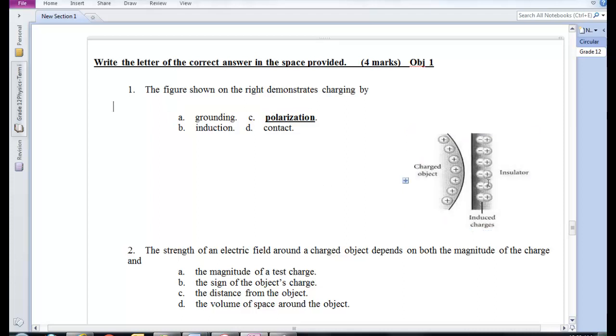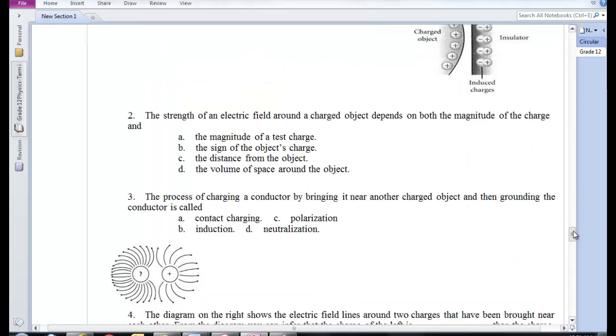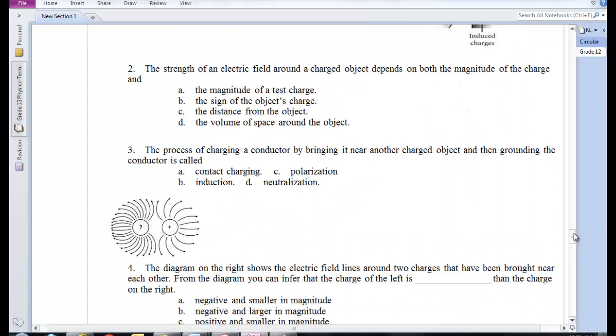If this part is a conductor, it would be an induction process. The strength of an electric field around a charged object depends on both magnitude of charge and, so look carefully here, the electric field, which is E. So we can say E around a charged object depends on.